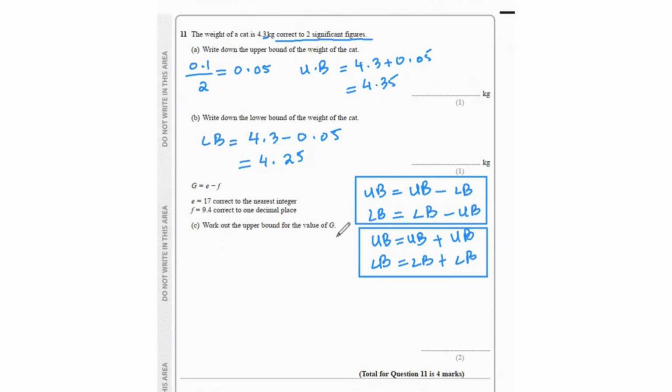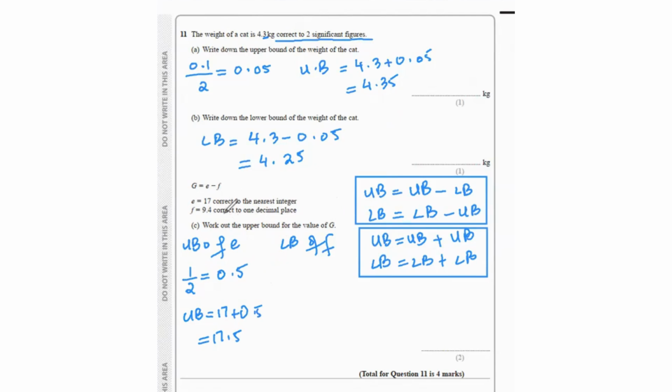Now for the upper bound of the value of g, we need the upper bound of e and lower bound of f. So for upper bound of e, 17 is correct to the nearest integer. So nearest integer means 1 whole. So 1 divided by 2 is going to be 0.5. So upper bound would be 17 plus 0.5, which is 17.5.